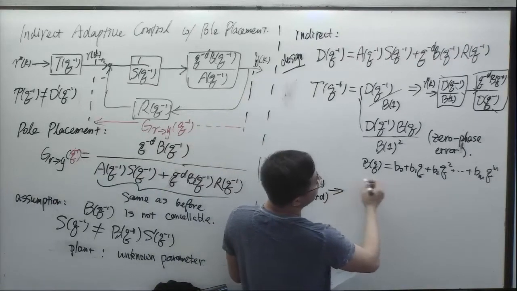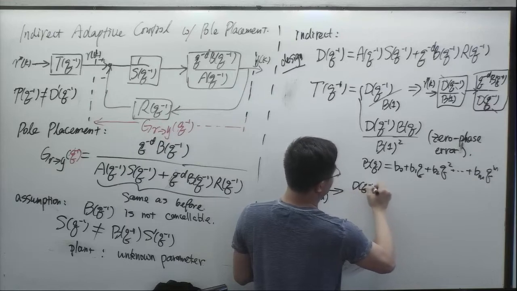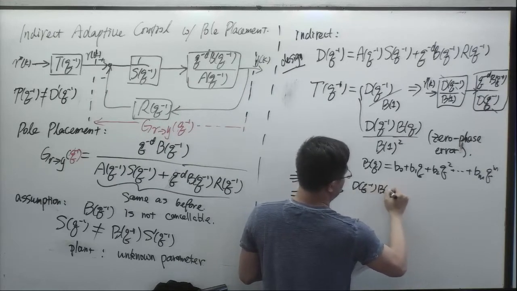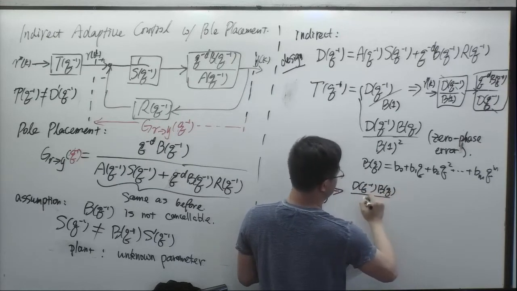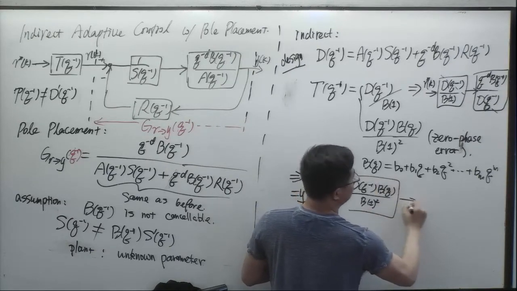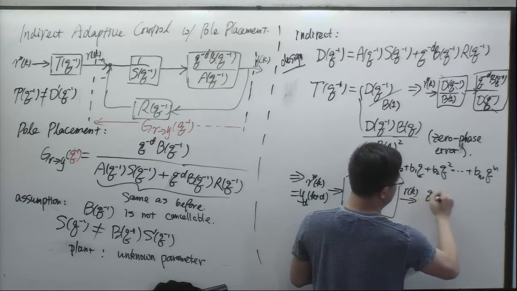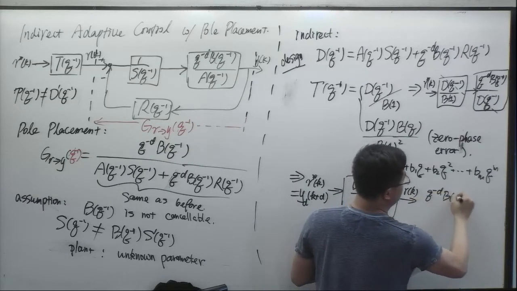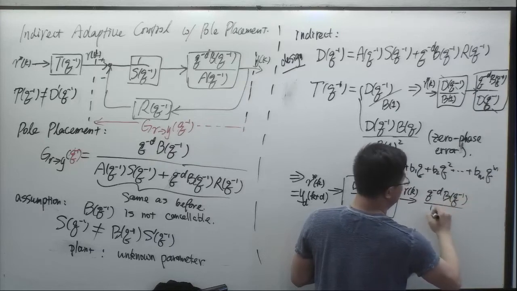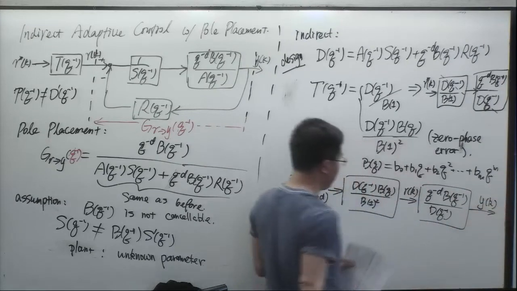And then go through D Q inverse, B Q, B1 square, and R K, Y K.